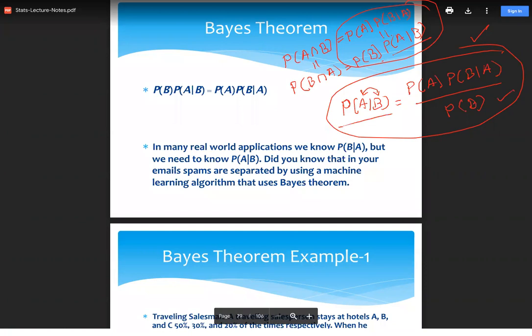And for the first time, if you are seeing it, which pretty much all of you are, I believe, it appears difficult. So don't get overwhelmed. All right, it'll start to make sense. This is probably one of the harder topics that we are going to be talking about in this class, Bayes' theorem.